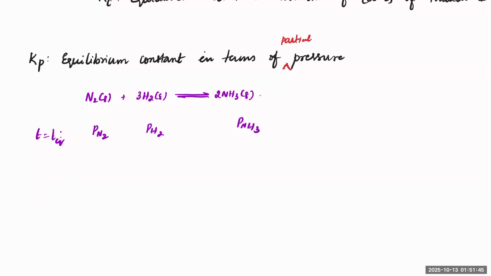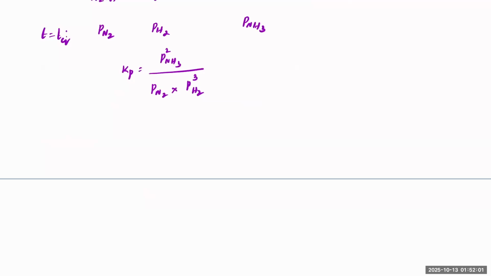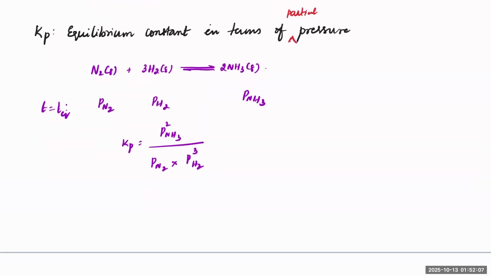These are called the partial pressures. If you know the partial pressures, we can calculate Kp is equal to partial pressure of ammonia squared by partial pressure of N2 times partial pressure of H2 cubed. So this is the representation of the equilibrium constant in terms of partial pressures.